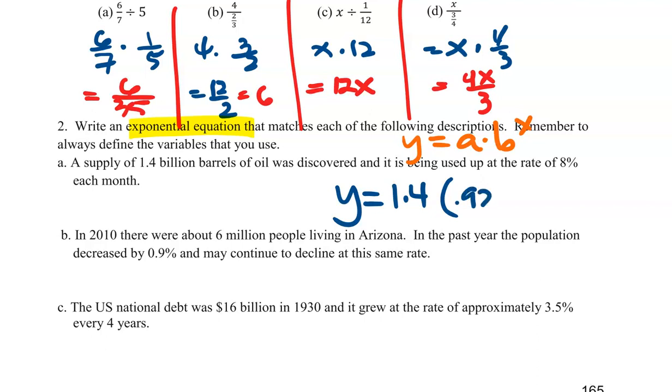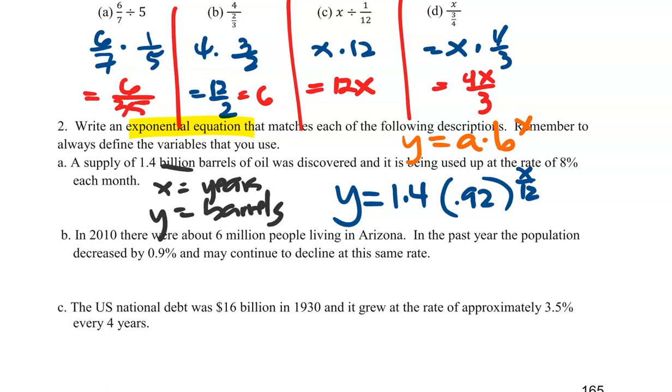So this is a decay. So 0.92. And each month, so that is x/12, where x is the time in years and y is barrels in billions.